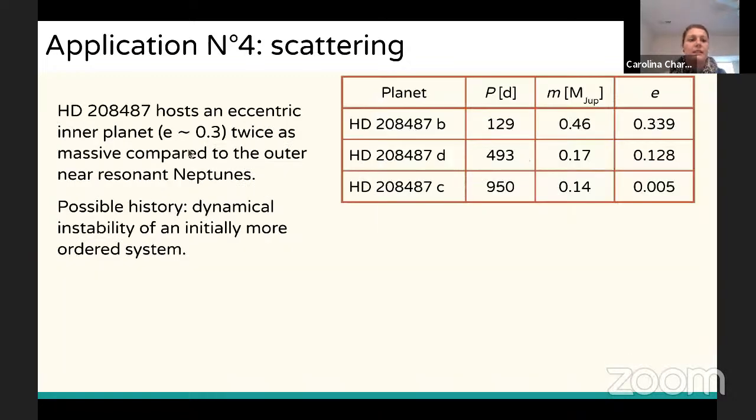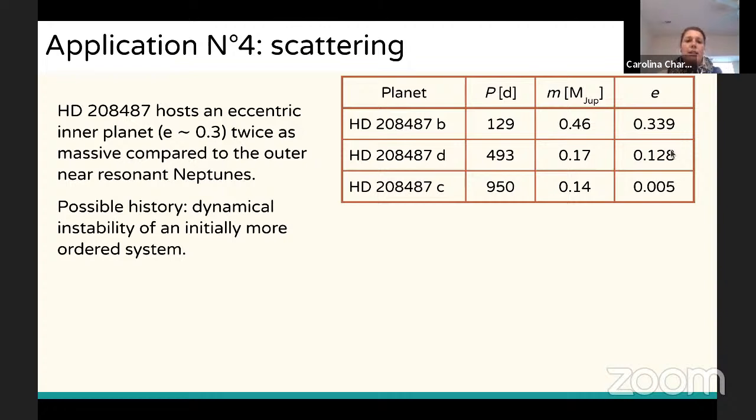So we studied this system right here, HD whatever, whose main features are in this table here. We see that we have an innermost planet, which is almost twice the size of the outer two, is further away from the second and third planet, and is way more eccentric.